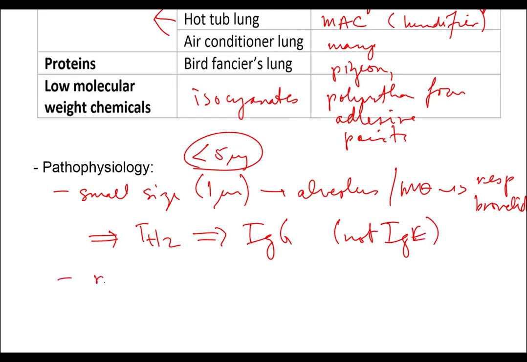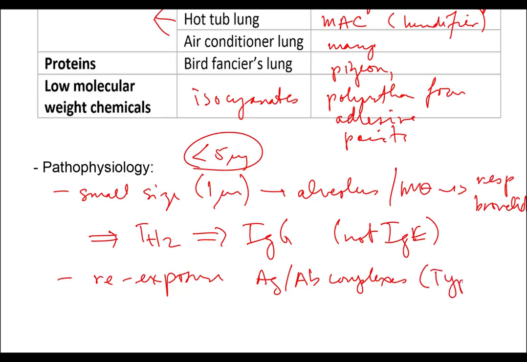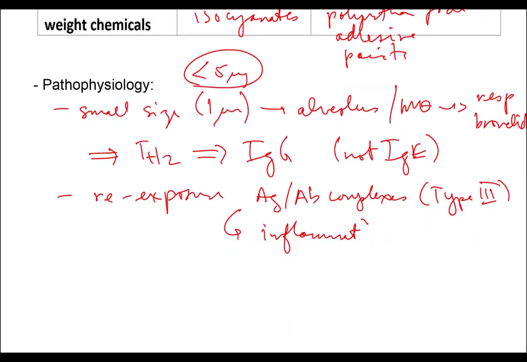Then once you get the re-exposure, now we're talking about antigen-antibody complexes, which are occurring at the level of the lung. And now we're going to see a classic type 3 hypersensitivity, because antigen-antibody complexes are going to attract inflammatory cells. And so now we have the inflammation, and now we've set up our response.